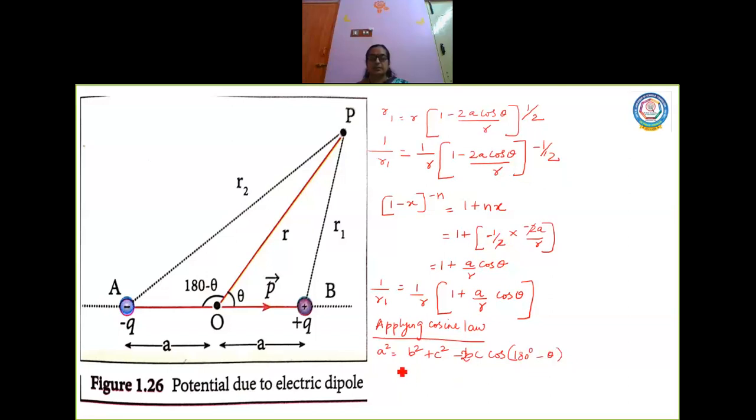So substituting, it will be r square plus a square minus 2ra cos of 180 degrees minus theta. Now minus cos of 180 minus theta is minus cos theta, so I have r square plus a square plus 2ra cos theta. Now I will do some of the steps here so that you can understand better. Then we'll go to the next page.